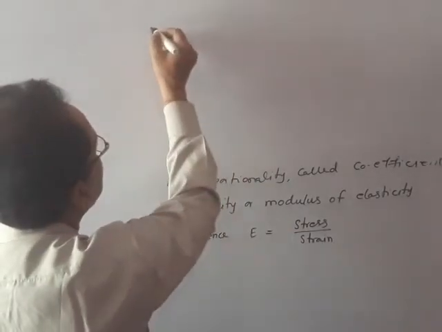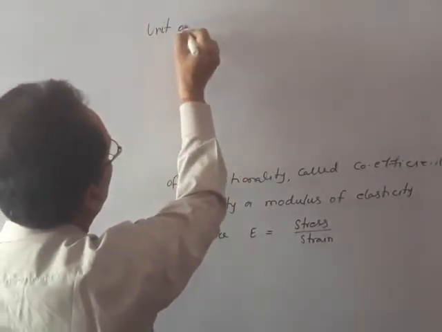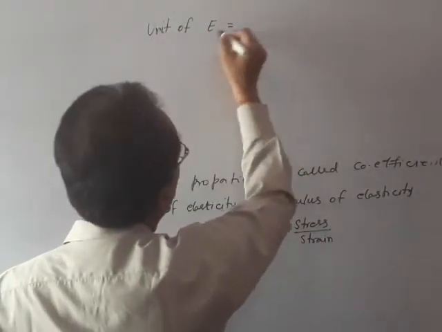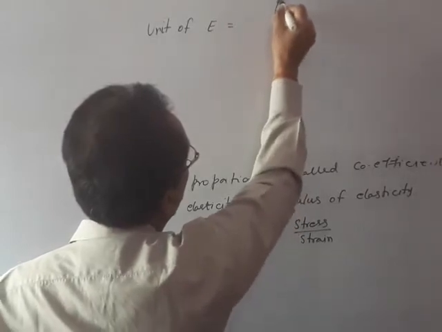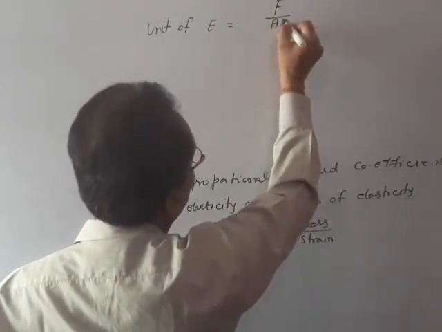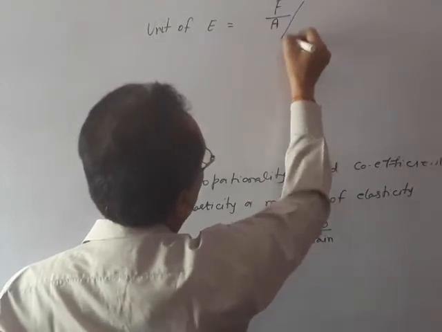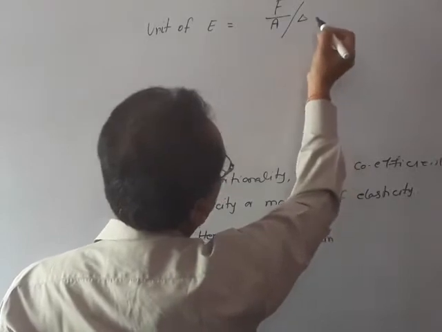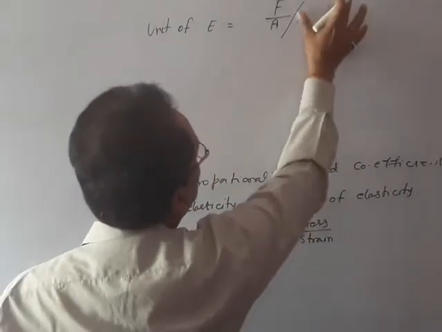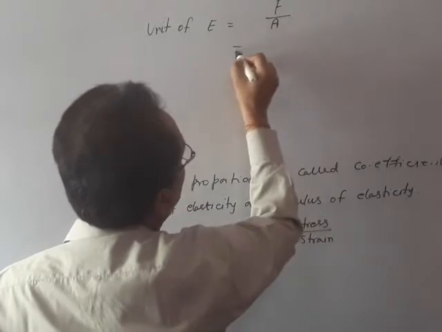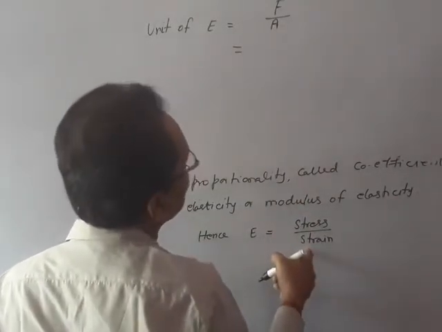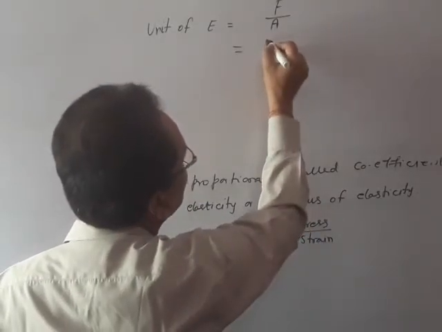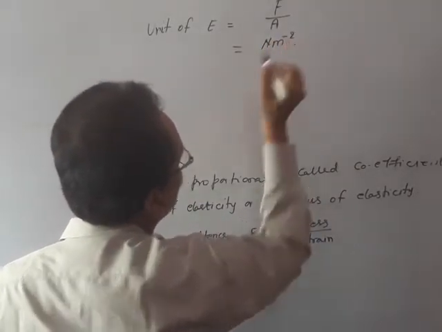Now, the unit of E. E is F by A divided by strain, that is change in length to original length. There is no unit of strain, since it is change in length to original length. So this is Newton per square meter.